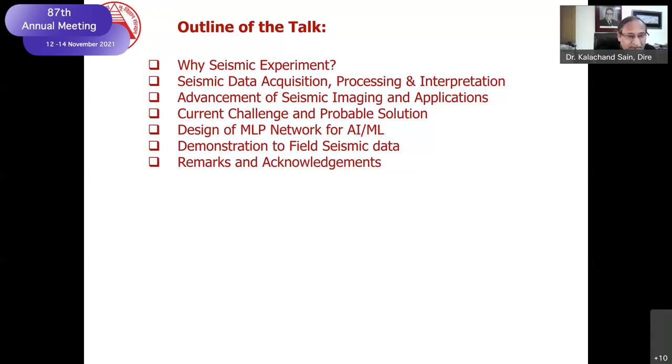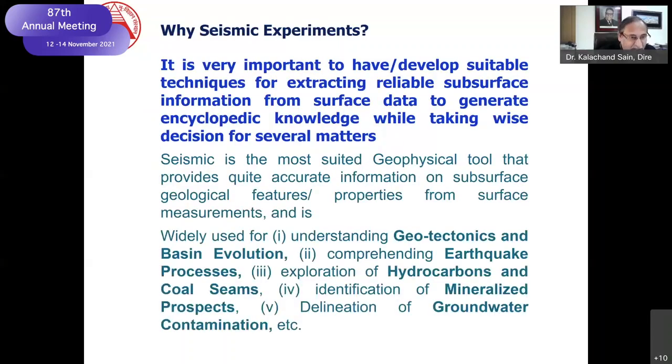What sort of advancement has taken place in seismic imaging and applications? What are the current challenges and how can we alleviate those challenges? I will pose that challenge here, and through artificial intelligence and machine learning, I will show some field examples from the seismic data, and finally remarks and acknowledgement.